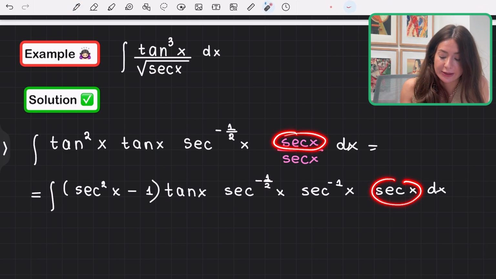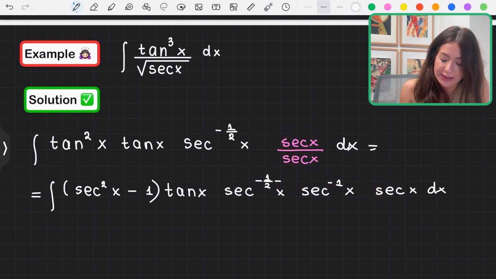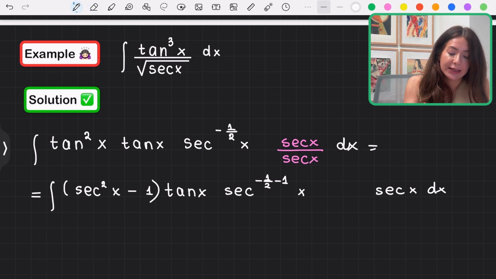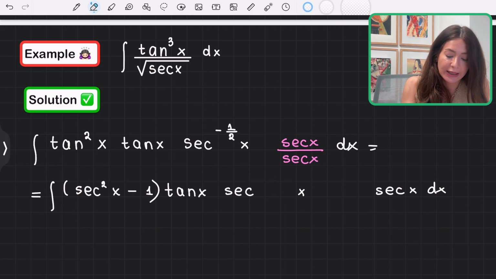This term is here. This term is this one. So I can combine these powers here, right? And that is negative 3/2.